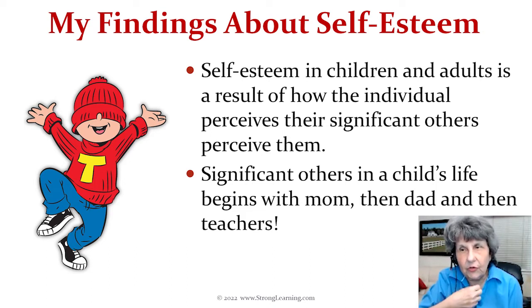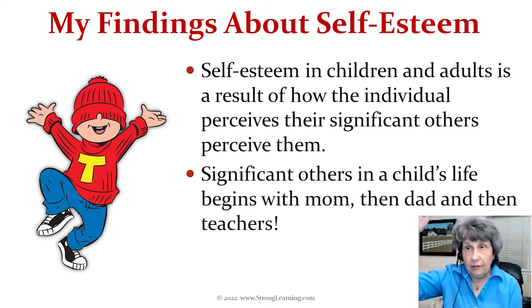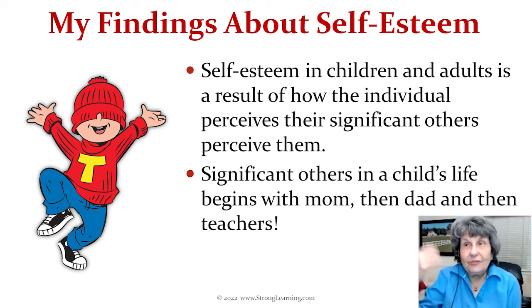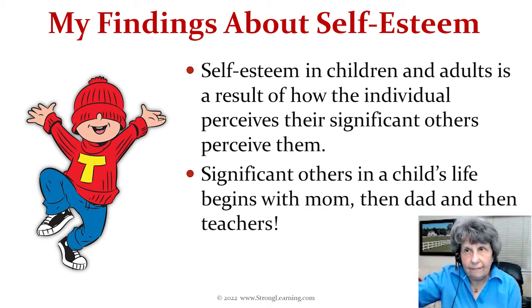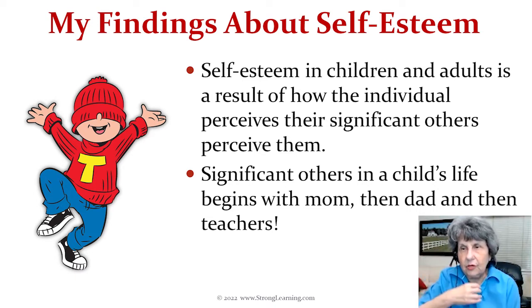Your feeling of self-worth is great because you perceive that they all perceive you as just this great person. And you feel wonderful. Your self-esteem is high. Think about when you go into a room where you don't know the people and you feel they're staring at you, and your self-esteem starts to go down because you're uncomfortable. You don't know what they're thinking of you. Okay, so it is a perception.